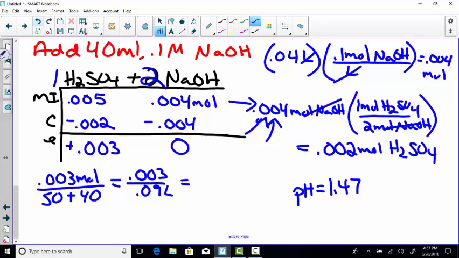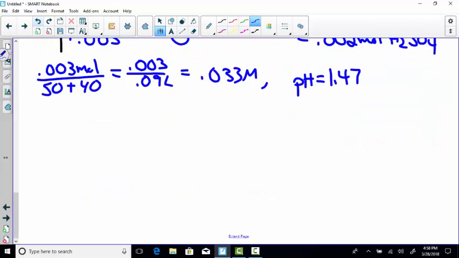Okay? I guess I could do this way. 0.003 divided by 0.09, 0.033 molar is what that came out to be. Okay? So, that was 40. And I'm not going to go to my chart, I'm just going to keep going on.